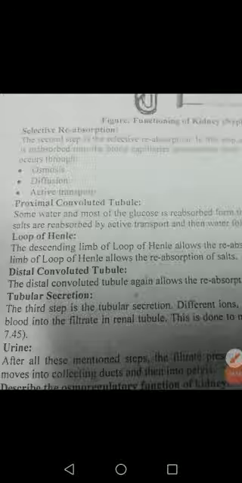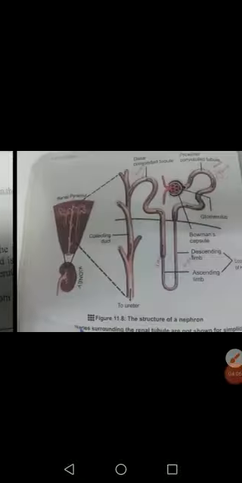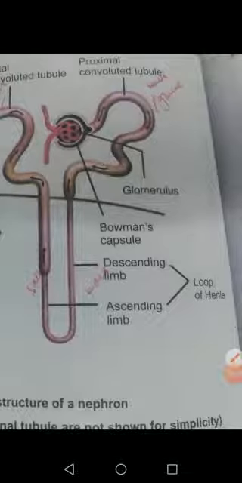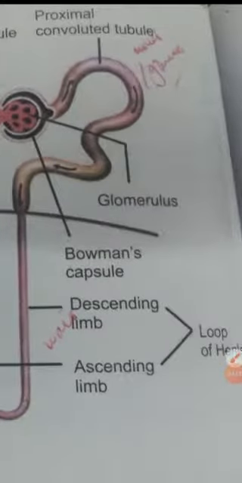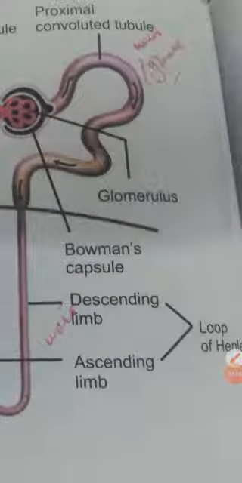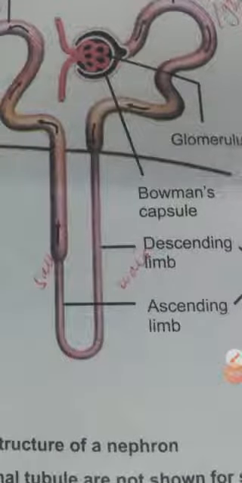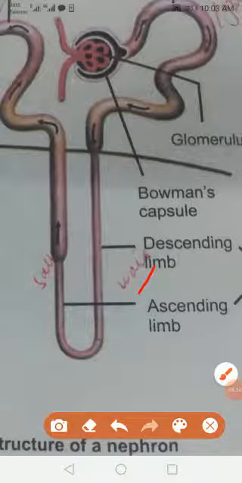For example, in proximal convoluted tubules, water and glucose are reabsorbed, glucose by active transport. Salts are reabsorbed by active transport, and water by osmosis. The loop of Henle has two limbs: descending limb and ascending limb. In descending limb, water will be reabsorbed, and in ascending limb, salt will be reabsorbed.